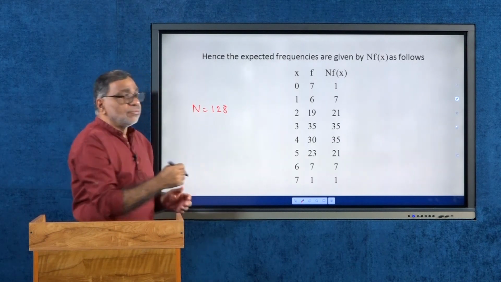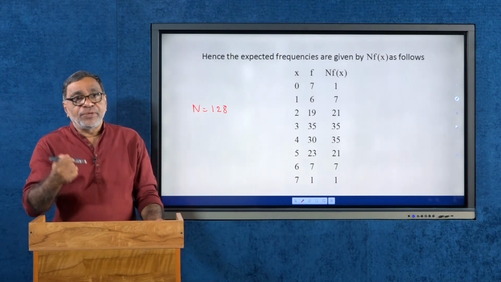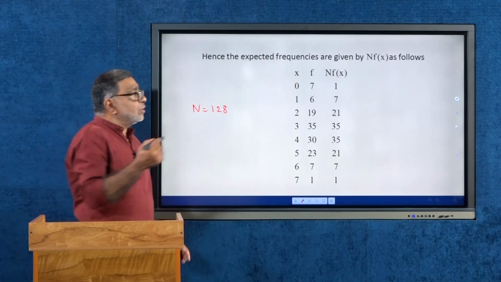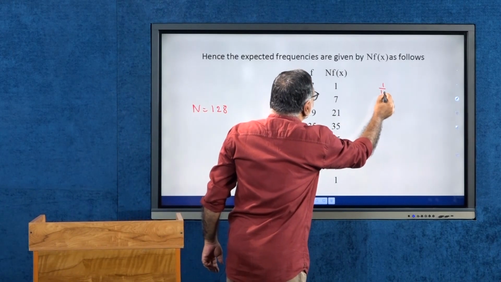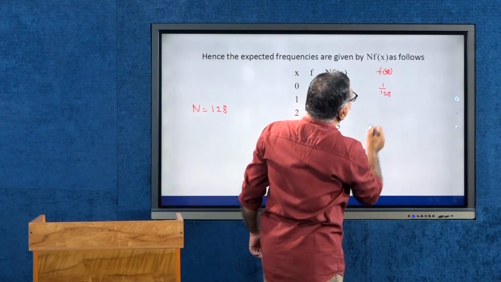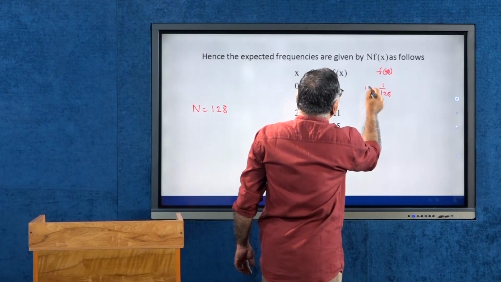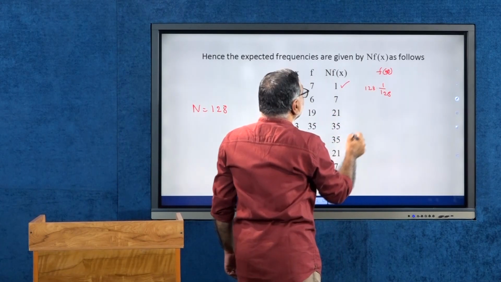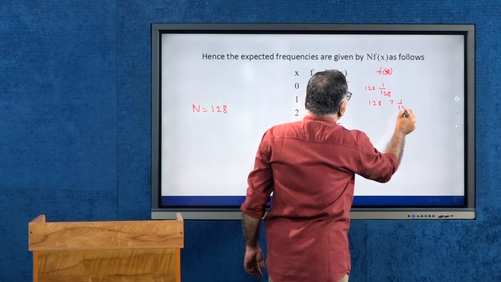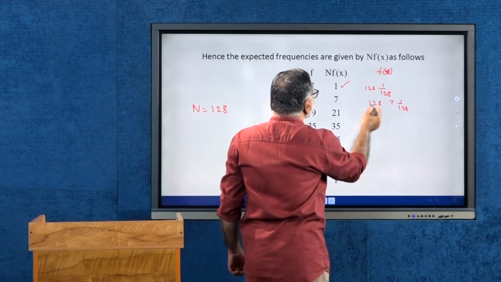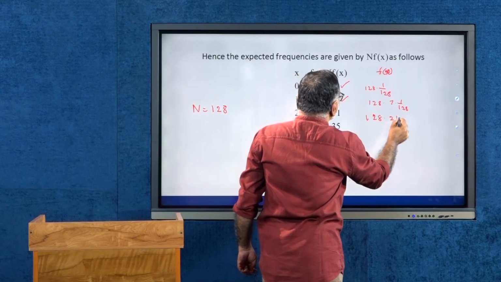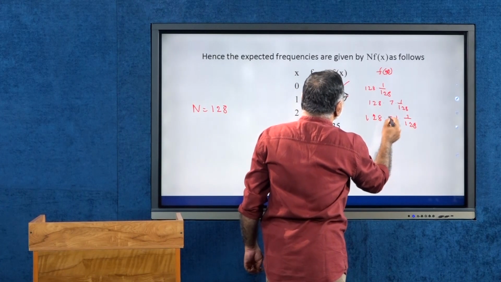Earlier we calculated f of 0 as 1 divided by 128, so multiplying by 128 gives 1. For f of 1, we have 128 into 7 into 1 divided by 128, so that is 7. Then we have 128 into 21 into 1 divided by 128, so we have 21.